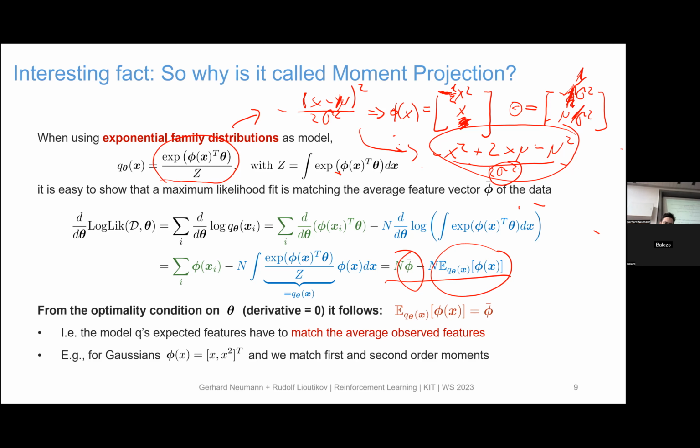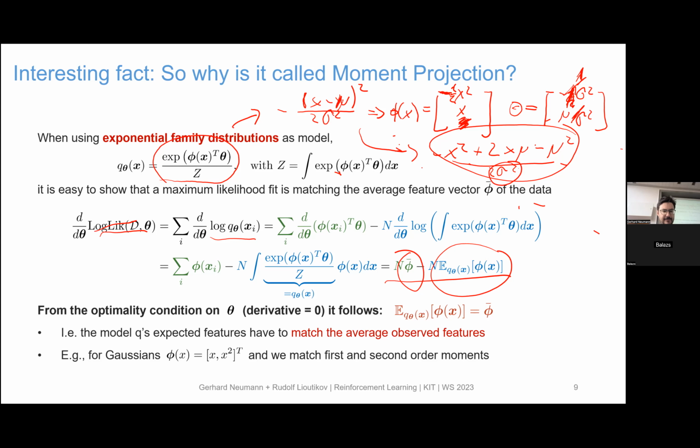Okay, so let's have a look at what we can do with it. If we now plug this structure of the exponential family, exponential of features times theta, into our log likelihood, then the log likelihood is just the sum over my samples of the log of q of x, and I want to optimize the log likelihood, so I compute the derivative of it. If I do that, I get the following equation.